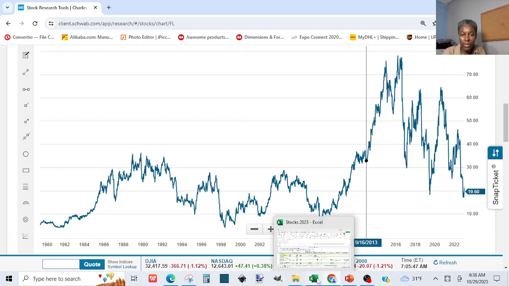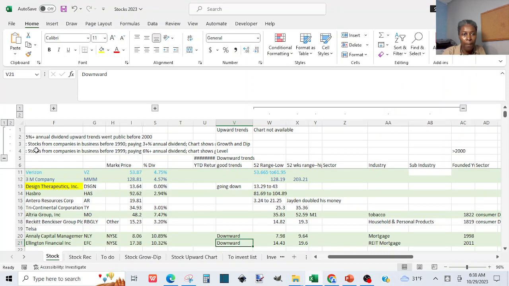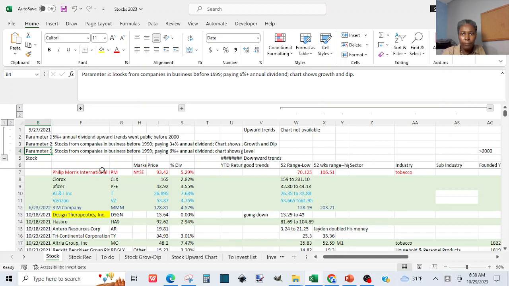So again, criteria. Let me see what I have for criteria here. For growth and dip, I said 6% and more. They have to be paying 6% and more for me, and be around before 1999 for me to invest in them. So I set a higher dividend yield.